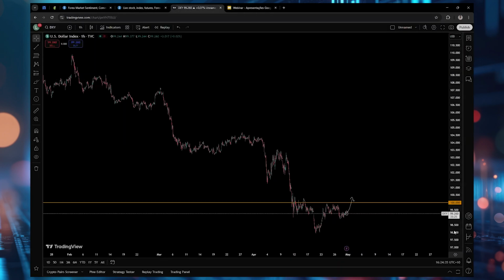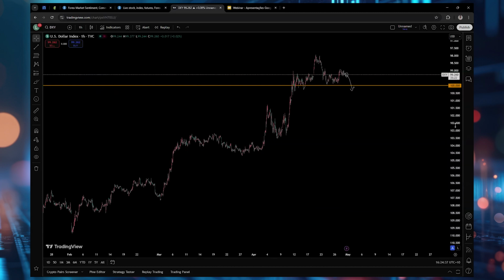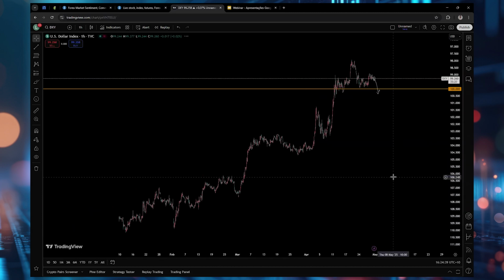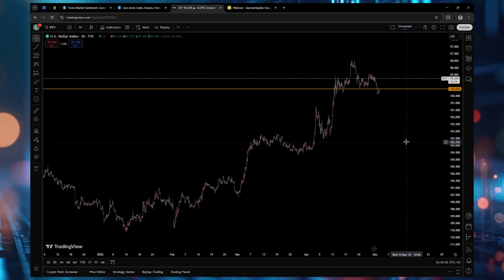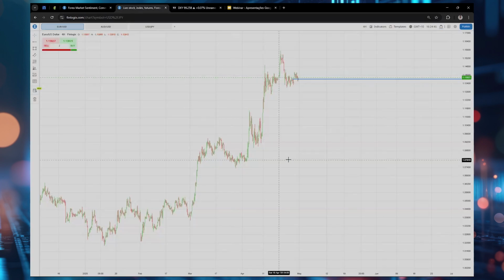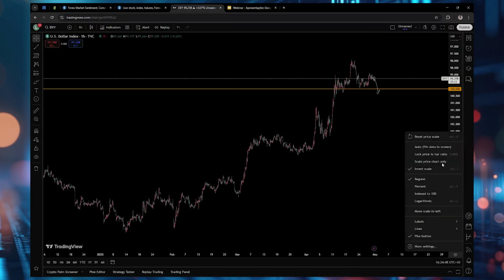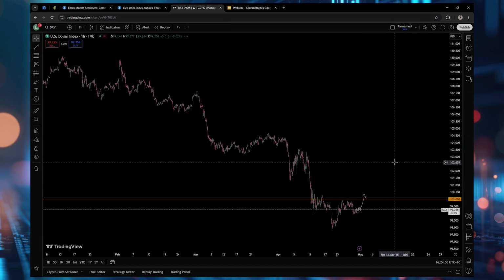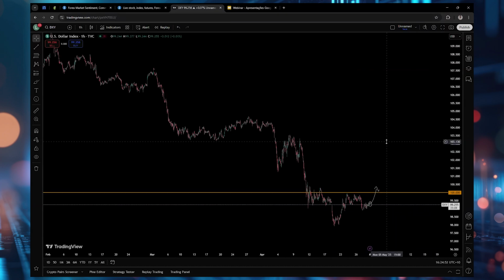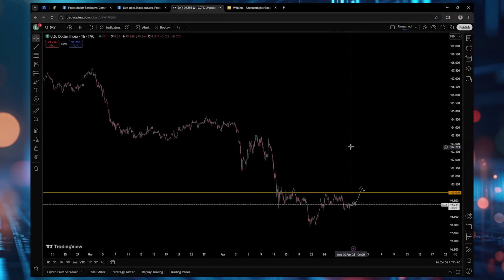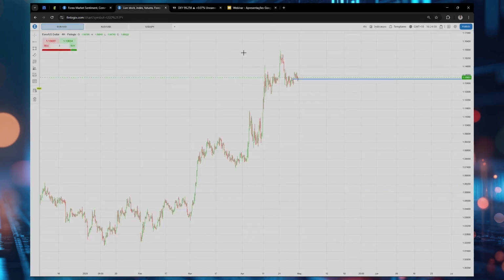If I invert the scale, you can see it's pretty much the same as Euro dollar. So if the US dollar continues to go up, most likely we're going to have Euro dollar down somewhere around 108. Okay, cool.